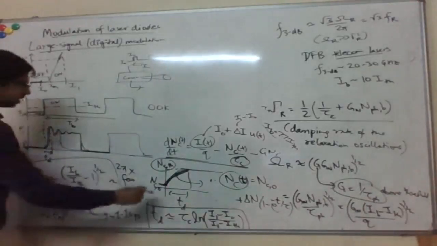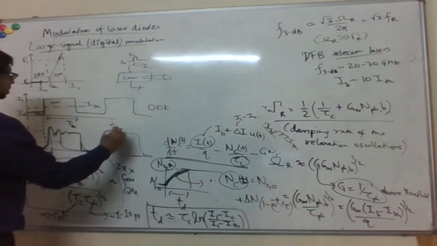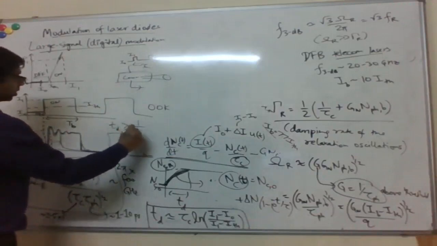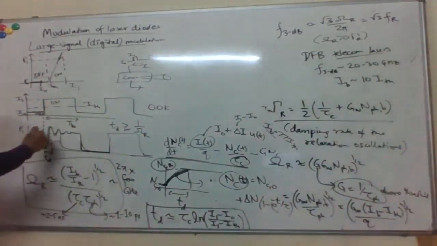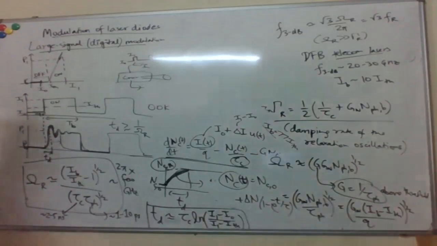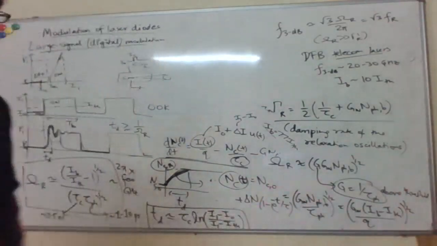Okay, so the fastest you can do is like 1 over the relaxation oscillation frequency, okay? Because the system will respond at its natural frequency, and you cannot go faster than that, even if you make this very close.